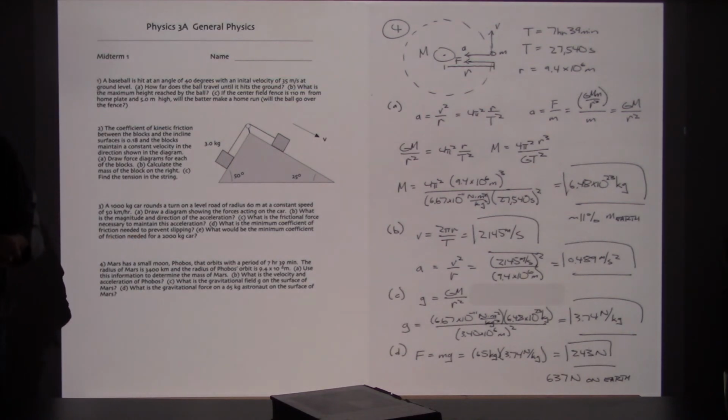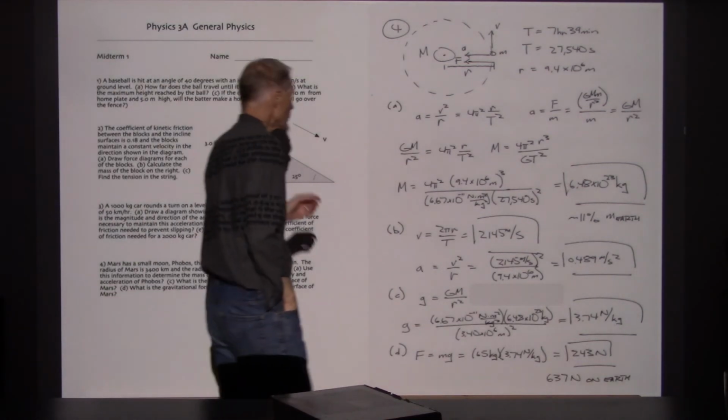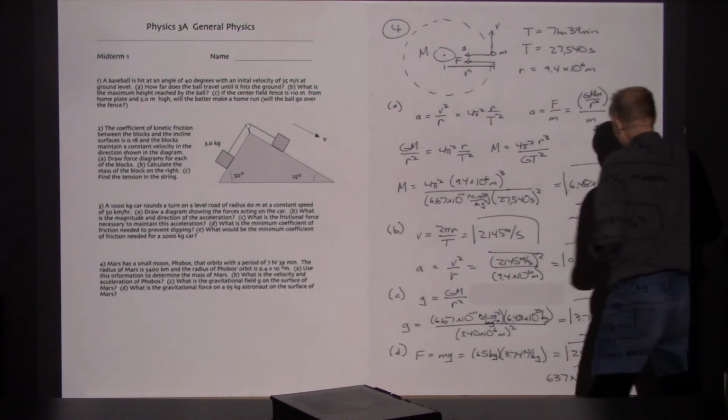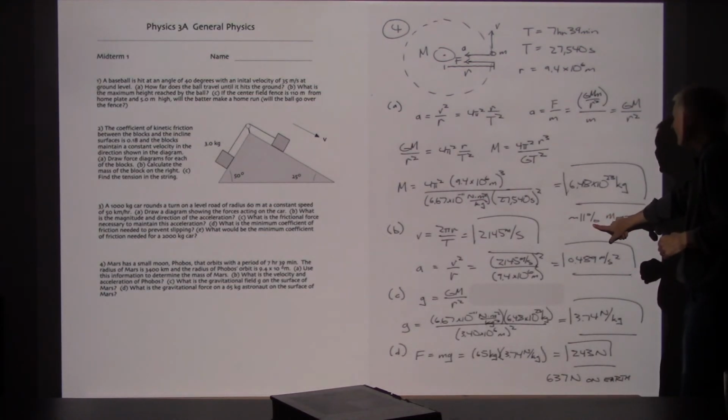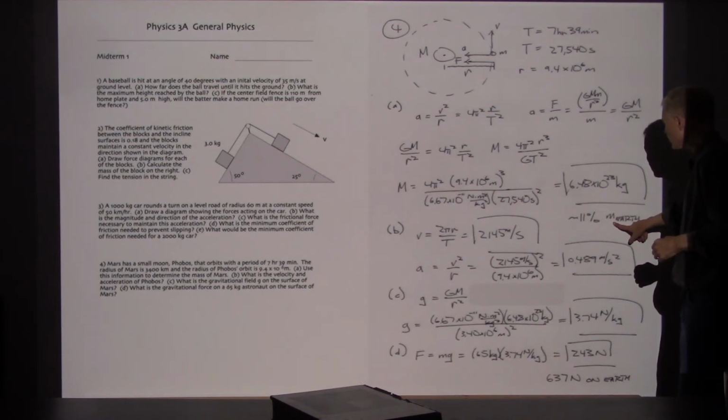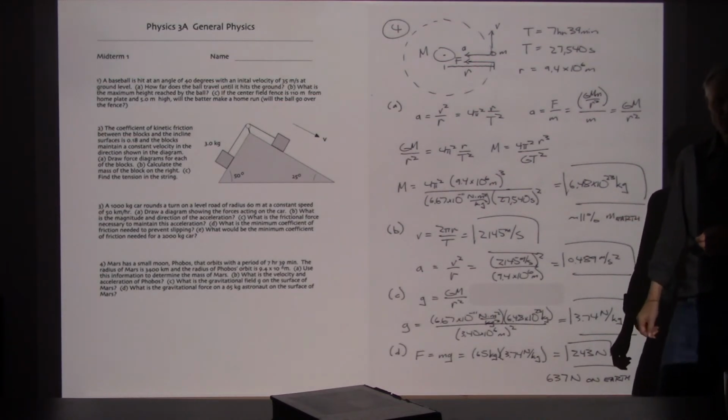Earth has a mass of 6 times 10 to the 24th, so Earth has more mass by an order of magnitude. Mars is pretty small compared with Earth. Mars has about 11% of Earth's mass. The Earth has almost 10 times as much mass.